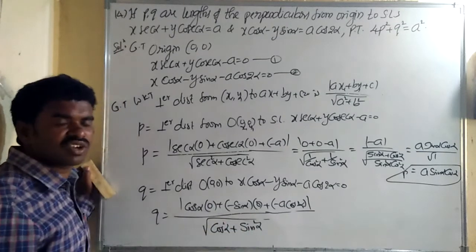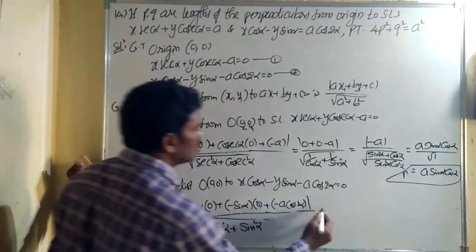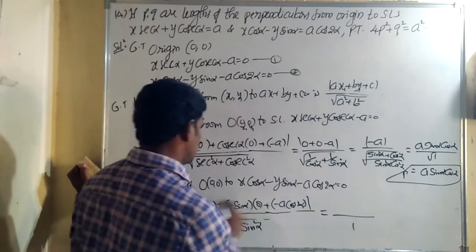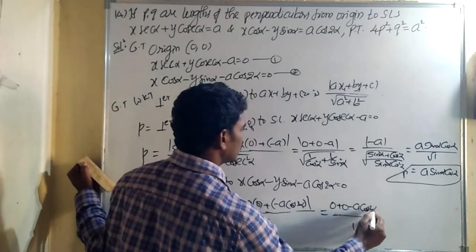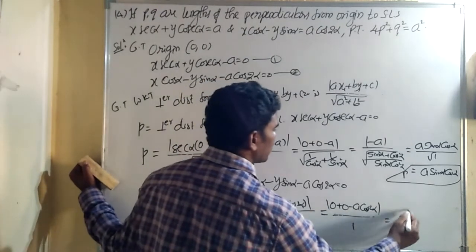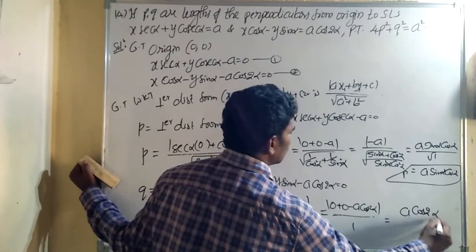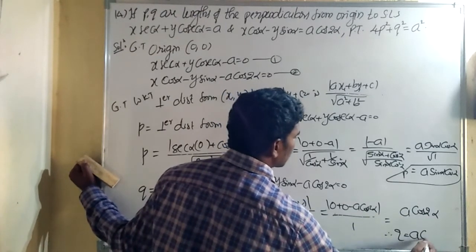Cos square plus sin square is 1 by the identity, and root 1 is 1. So we get modulus of 0 plus 0 minus a cos 2 alpha, and modulus means we get only positive a cos 2 alpha. So q equals a cos 2 alpha.